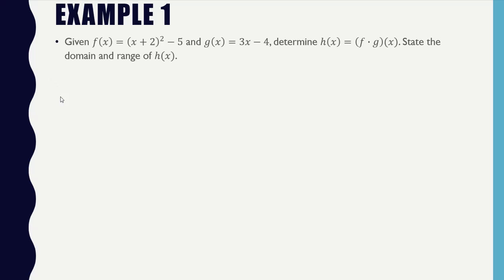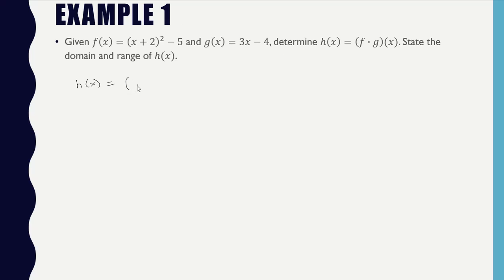So our first example then: given f of x is equal to (x plus 2) all squared minus 5, and g of x is equal to 3x minus 4, determine h of x is equal to f times g of x. State the domain and range of h of x. Alright, so h of x is equal to, we're going to multiply these two functions.